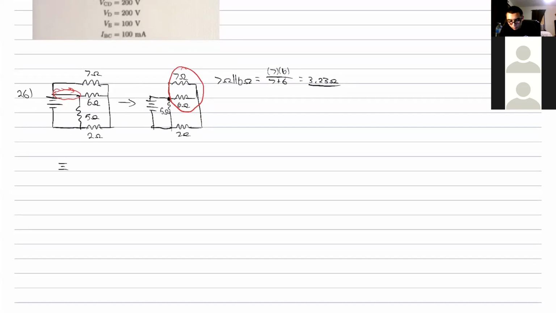Okay, so now we're going to redraw the circuit again. Another thing I noticed is this 2 ohm resistor here at the bottom. We can slide this up here without changing the physical connection of the circuit, just to make it easier to work with.